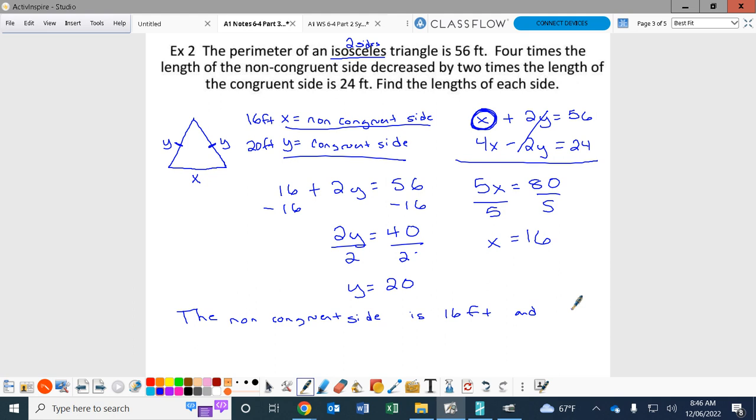Both congruent sides, so you talk about both of them, are, what were they? 20 feet? Now, you could have said, and the congruent sides are both 20 feet, they're each 20 feet, something to say that there's more than one of them, and that each one of them is 20 feet.